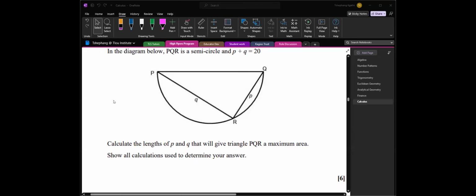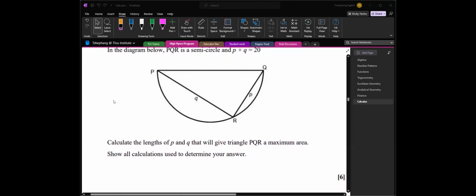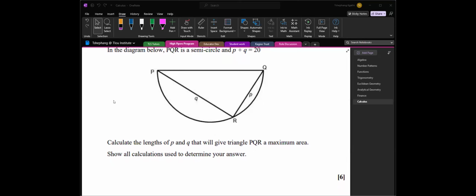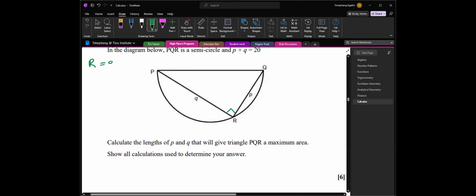Let's see. Firstly, what I know is that angle R is 90 degrees. Okay, so R equals 90, because of angles in a semicircle.